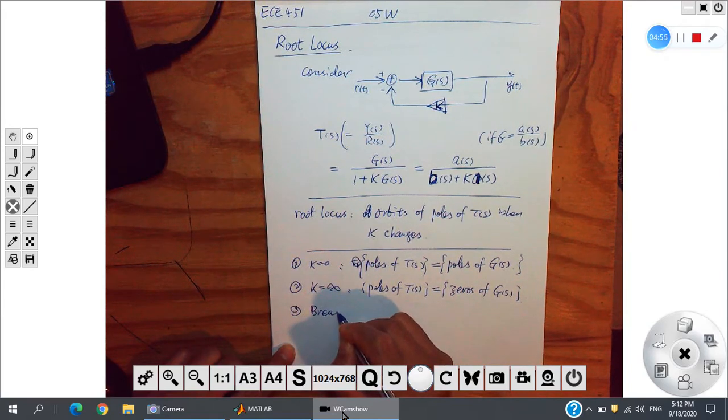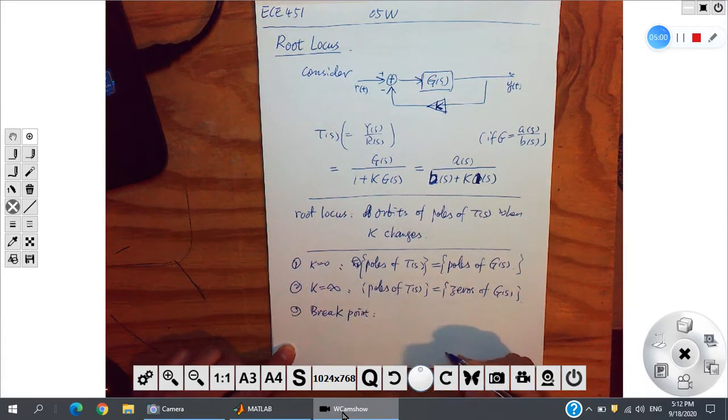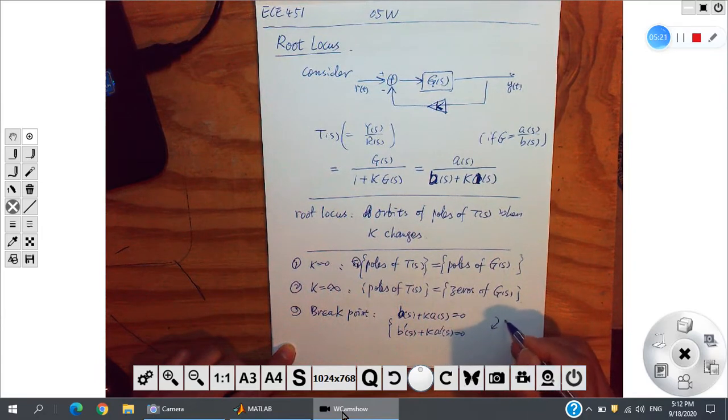That is, we want B of s plus K A of s equal to 0, as well as the derivative of B plus K times the derivative of A equal to 0. This is d over ds, you take the derivative with respect to s. So from the first one you can get the second one. Solve these two and we have the breakpoint.